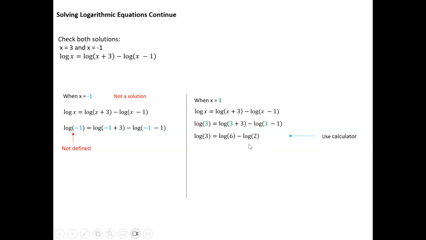You can actually put that in the calculator if you want, or you can do it by hand using the properties. Isn't this on the right side the quotient property? Because if it's minus, you put it as a single log, and it's going to be division. And 6 divided by 2 is 3, so we got a log of 3 on both sides. That's how we can check our work.